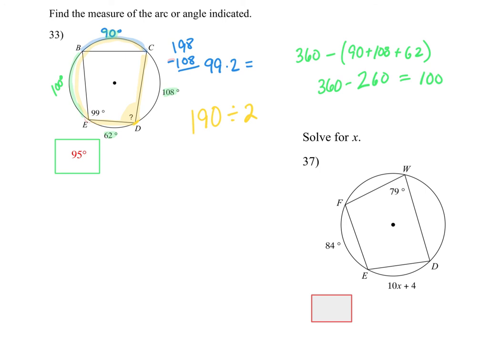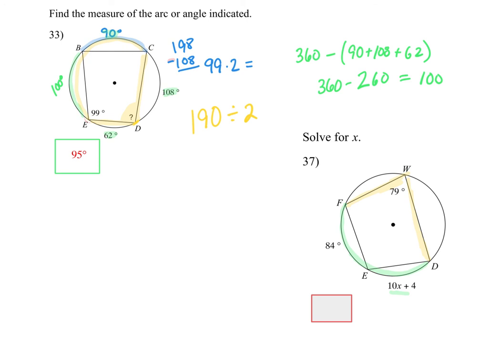So let's look at this one. What have they given us? They've given us this angle W, right? That's the inscribed angle. Where is my X? My X is over here. That inscribed angle makes up this arc. So I automatically know the measure of that arc. Why do I know the measure of the arc if I have the angle? What do I do to the angle to get to the arc?